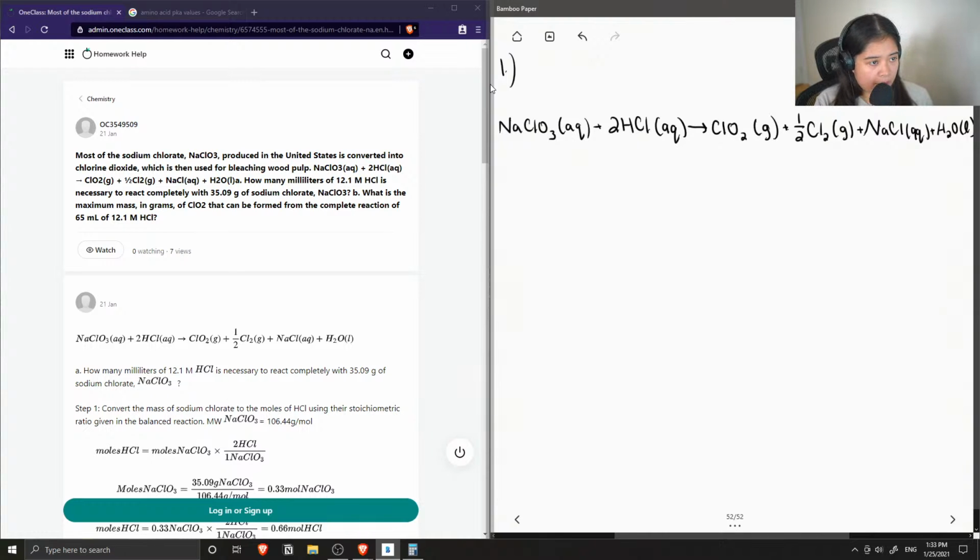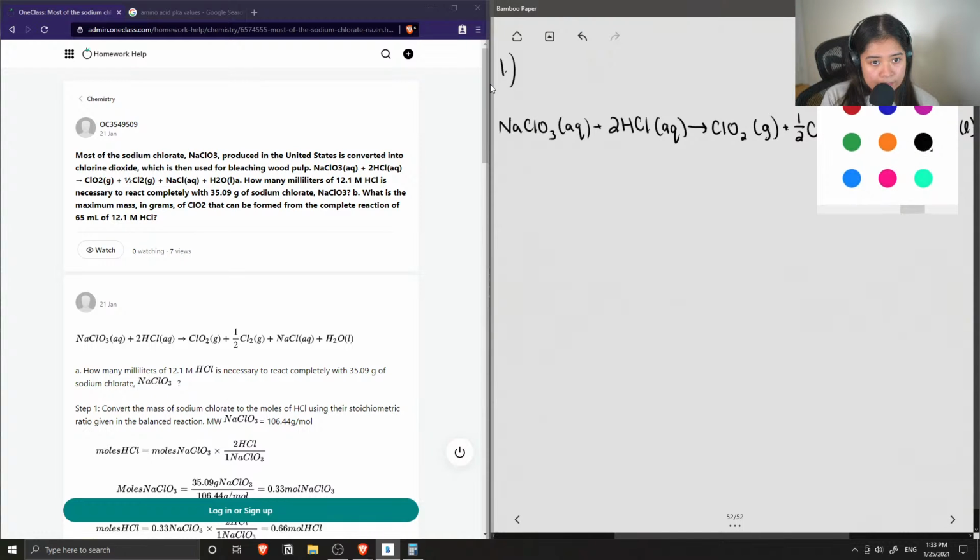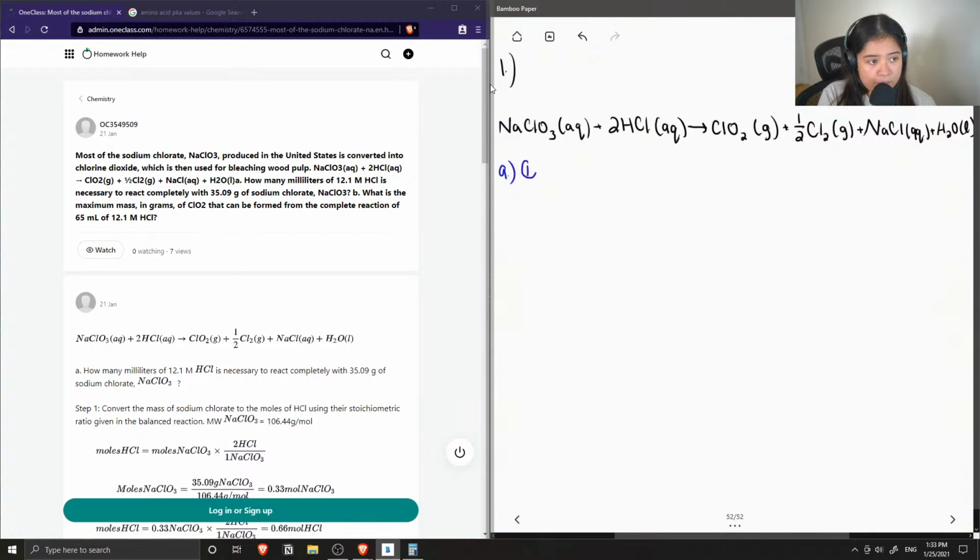And now for part A: how many milliliters of 12.1 mole per liter HCl is necessary to react completely with 35.09 grams of sodium chlorate? So this is part A, and step 1 is to find the number of moles of sodium chlorate.